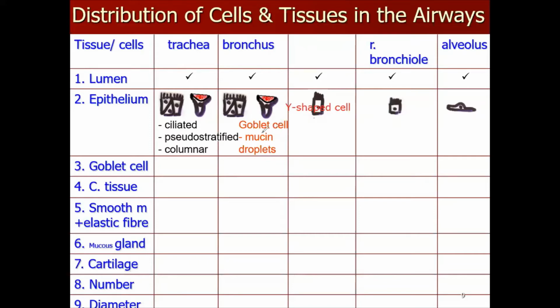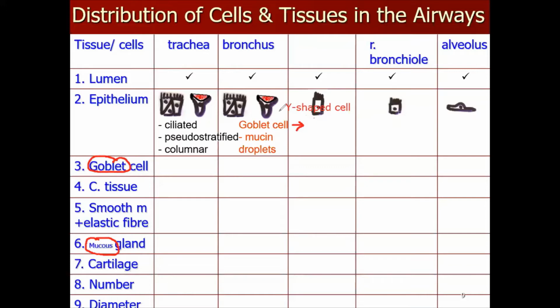It is supposed to secrete mucus. Other than the mucus gland, where's my mucus gland? Here. Other than the mucus gland, the goblet cell will also secrete mucus.